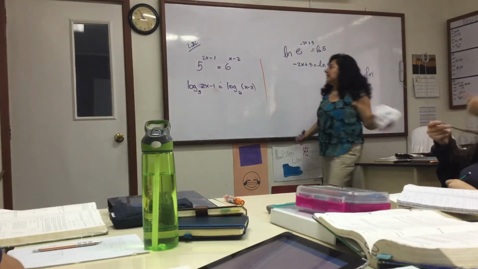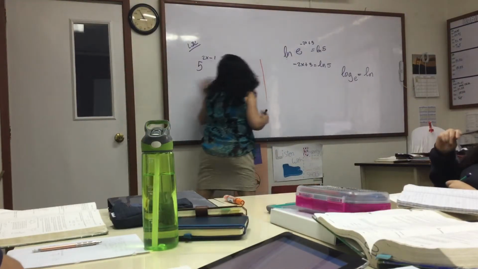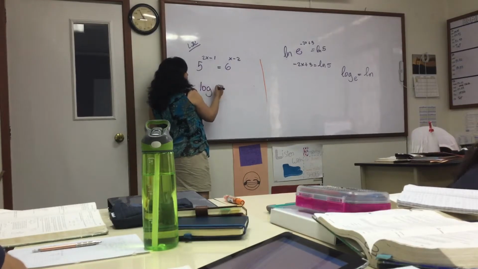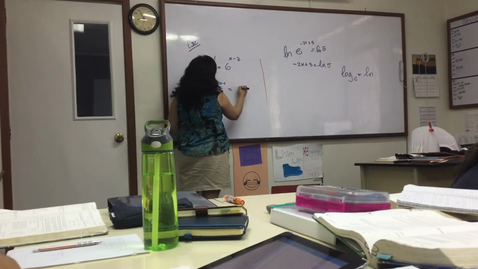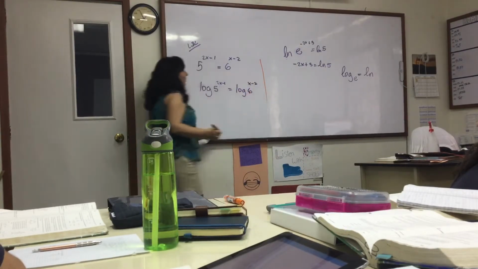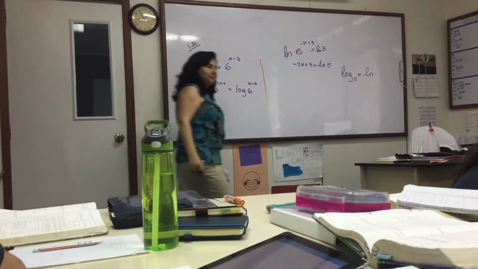Yes. And logarithm 6 times x minus 2. So we get 2x minus 1 times log 5 equals x minus 2 times log 6. There we go. And now what?